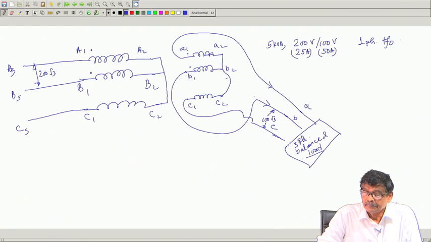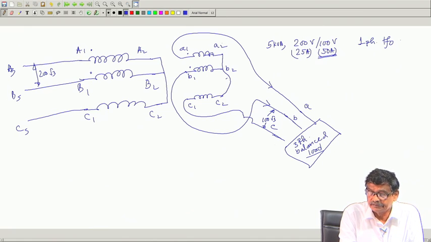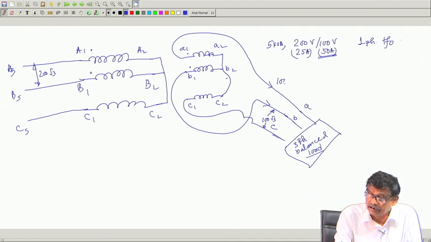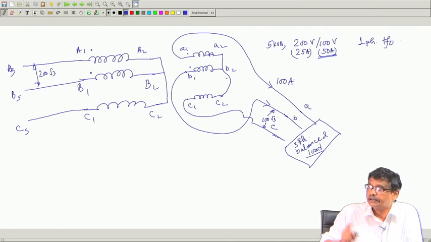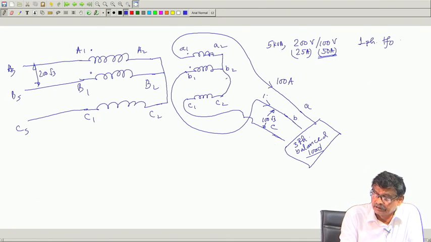The LV side rated current is 50 ampere, and it so happens that the line current, because it is star connected, is the same as the LV side winding current. Therefore, the maximum current I will allow to flow here is 50 ampere, here also 50 ampere, here also 50 ampere.